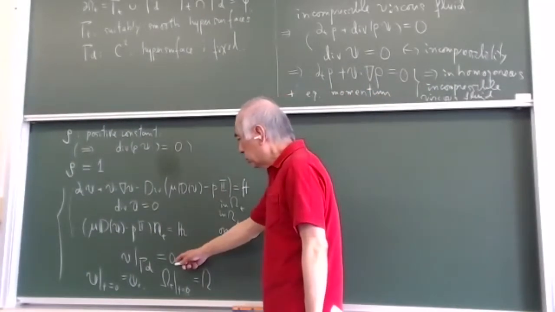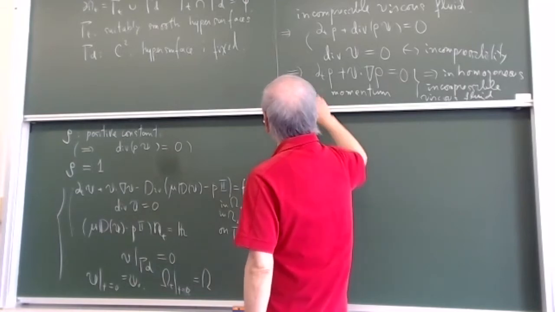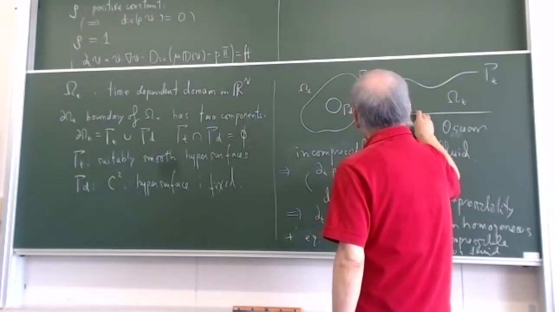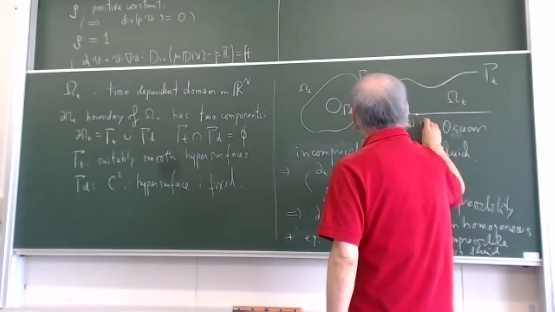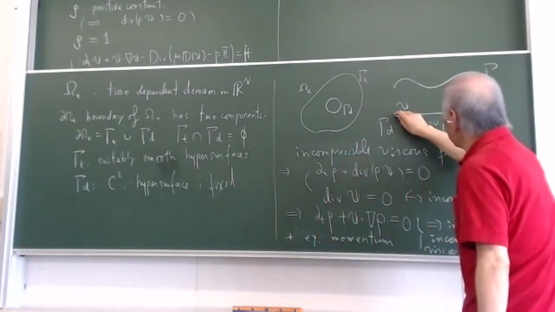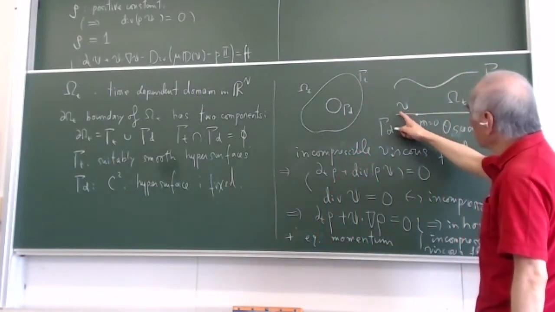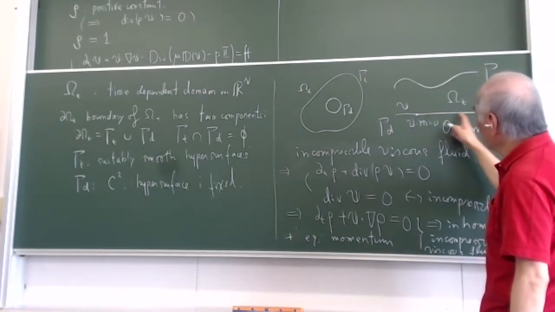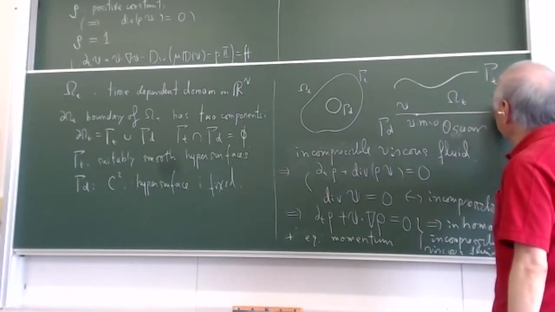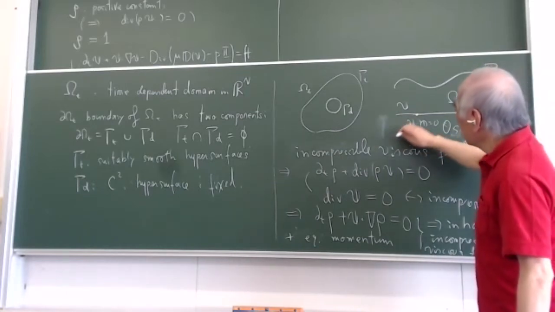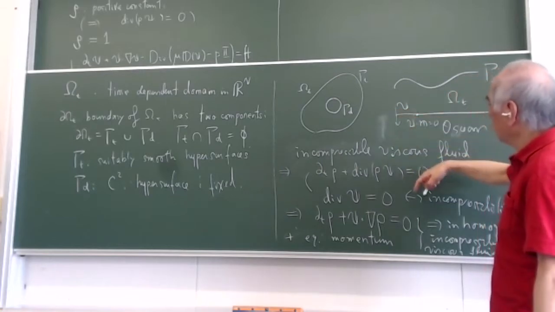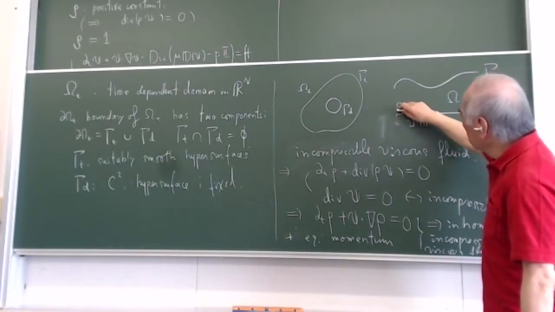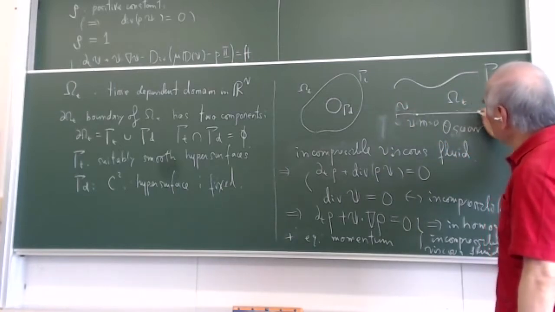Another explanation of this is, for example, the velocity field here is 0. At least the normal component is 0. It means that the fluid does not overflow, and also there are no empty places.